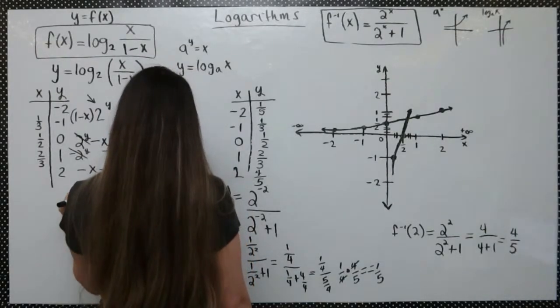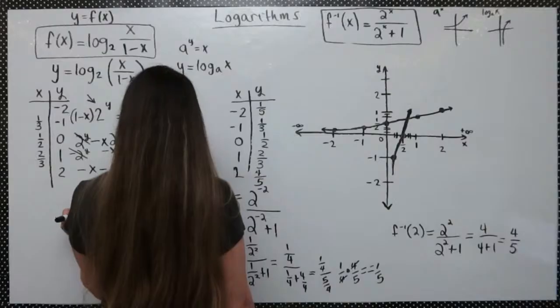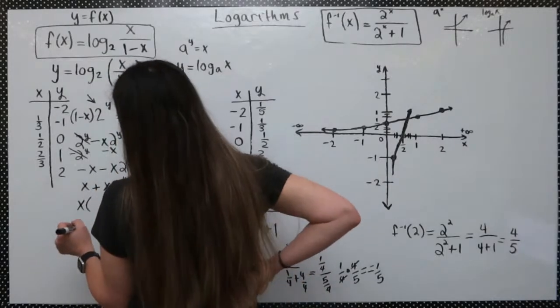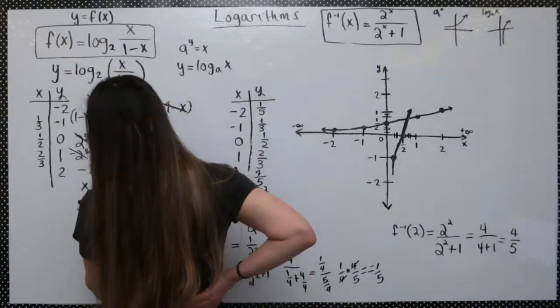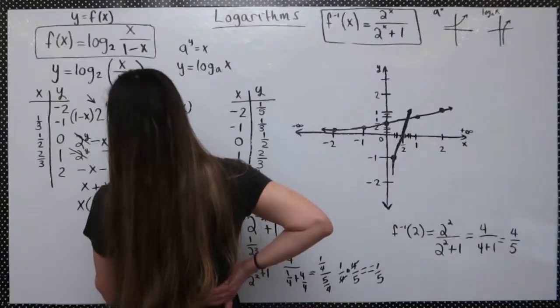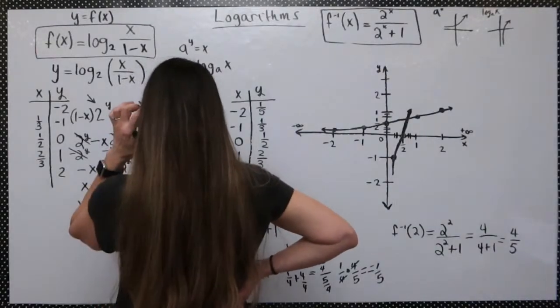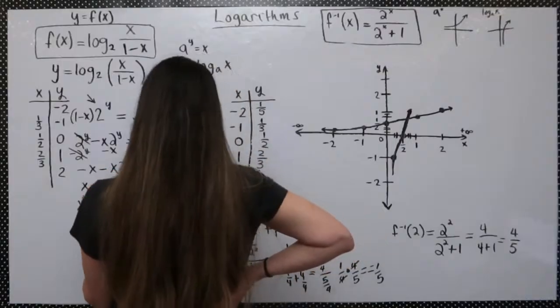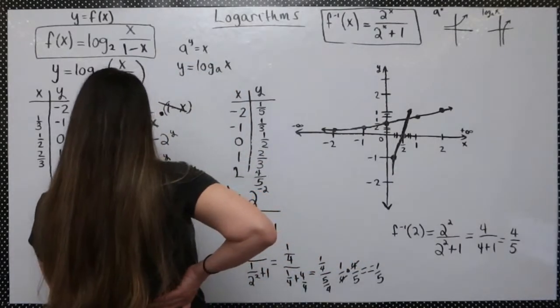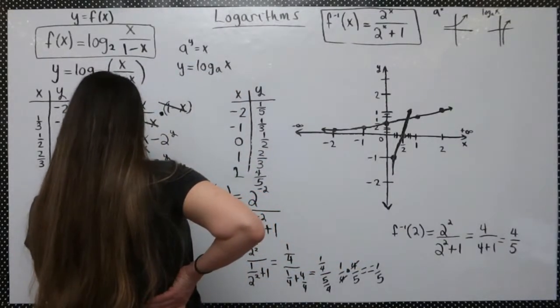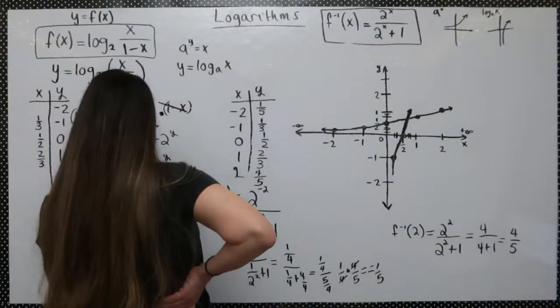And then we will factor out the x. And that's going to give me 1 plus 2y equal to y. And then we will divide off the 1 plus 2y.